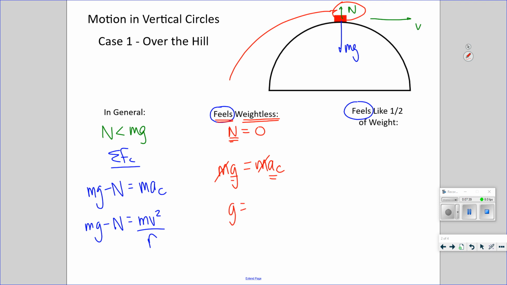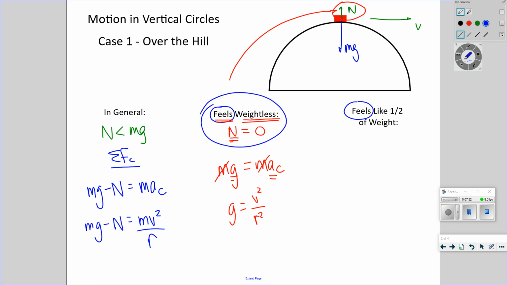And we could go further and say g is v squared over r, and solve for v or solve for r. The greater point being, we can talk about special situations and how what you feel like relates to the normal force. We're taking this general net force statement and applying the fact that at a special combination of v and r, normal force can be 0.